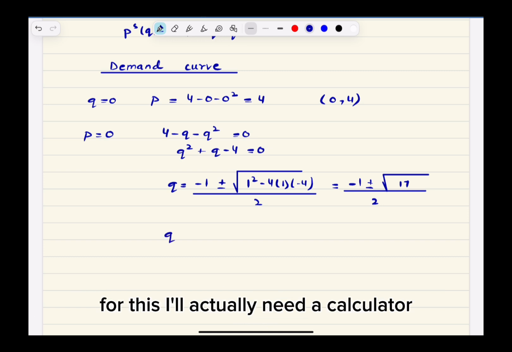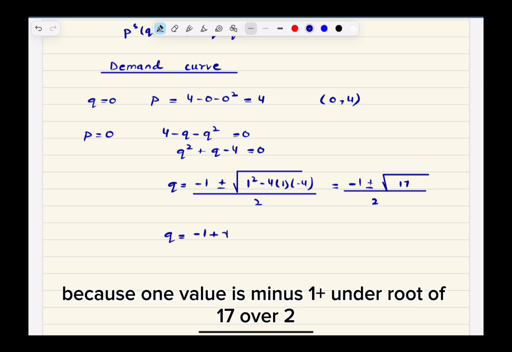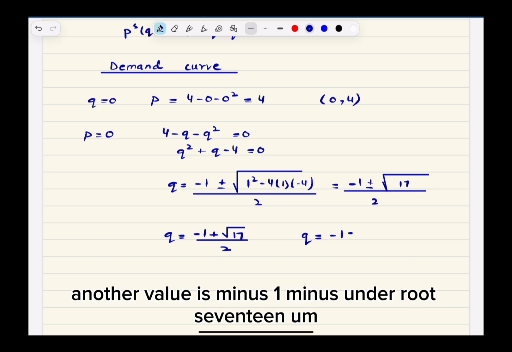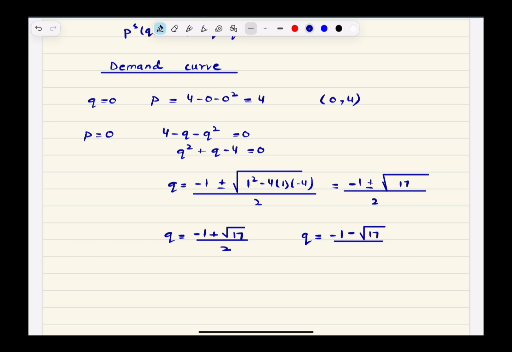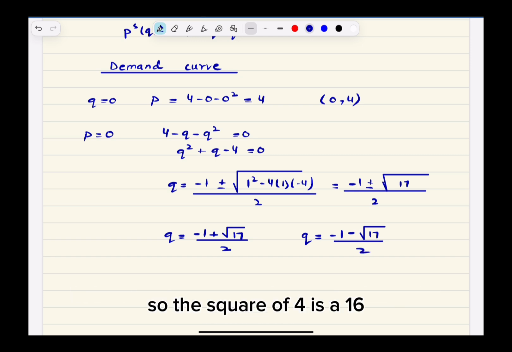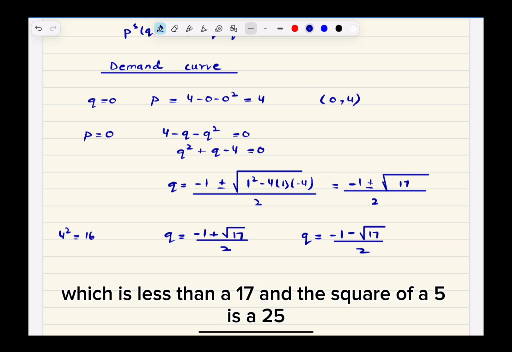Okay, for this I'll actually need a calculator, because one value is minus 1 plus under root of 17 over 2, and another value is minus 1 minus under root 17 over 2. But we can make a wild guess actually. 4 fours are 16, so the square of 4 is 16, which is less than 17, and the square of 5 is 25.